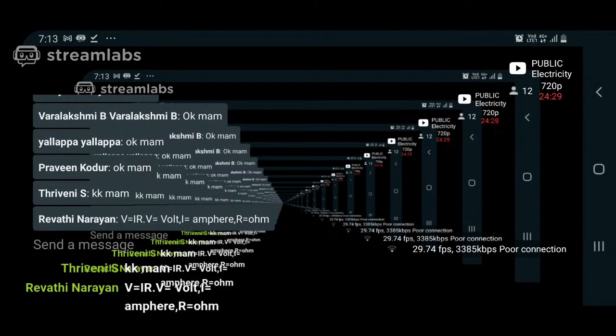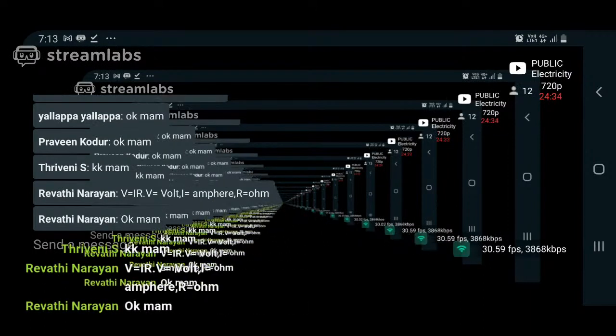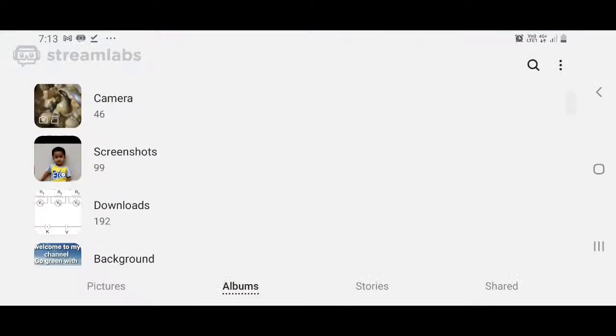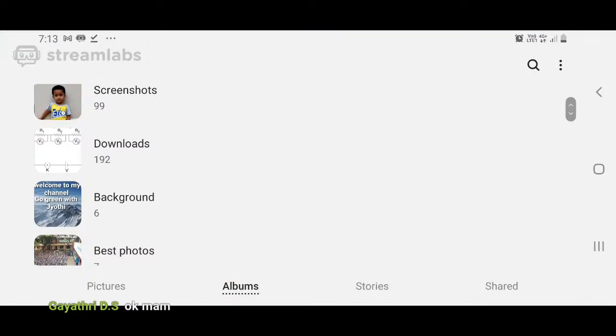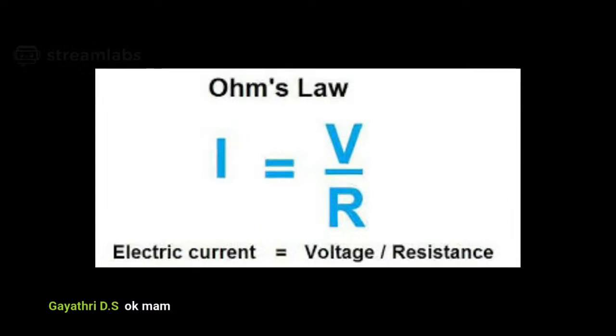And how is the resistance related with the current? Okay, I'll share the formula. You just have an idea on that. Now what does this formula indicate? How are current I and R related?